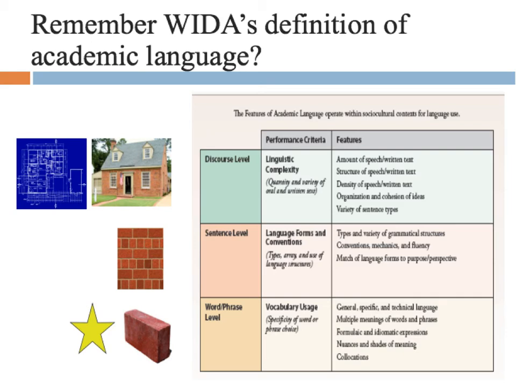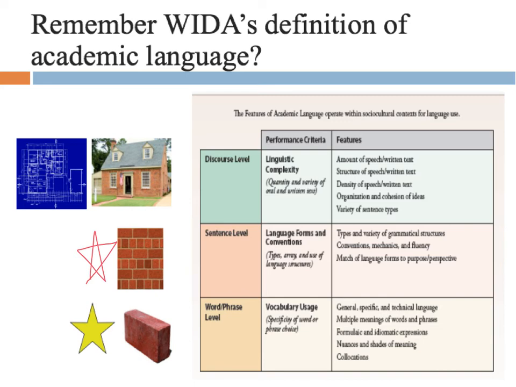But when you think about what you do when you read a text and how you make sense of that text, even as a proficient adult reader, you're not just living at that word or phrase level. You are thinking about the way that sentences are structured and how ideas are connected to one another, so you are also focusing at the sentence level.